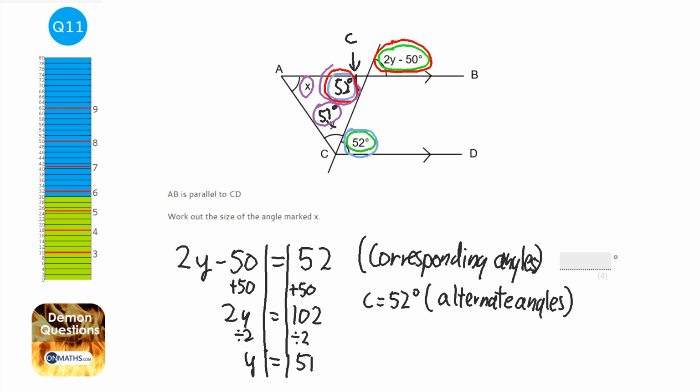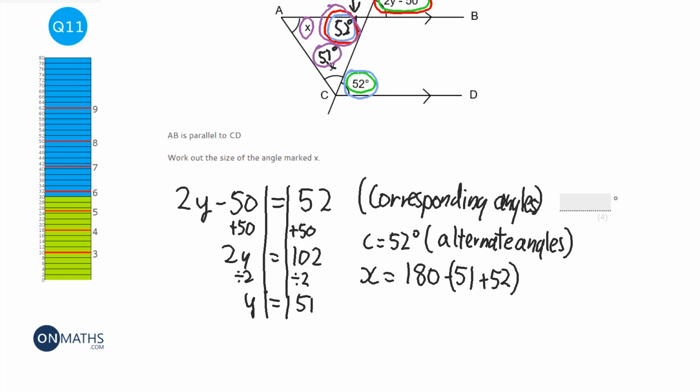I've got way too many colours going on here. So to work out x, x equals 180 minus 51 plus 52. So work out what 51 plus 52 is, and then take away from 180. And the reason is angles in a triangle.